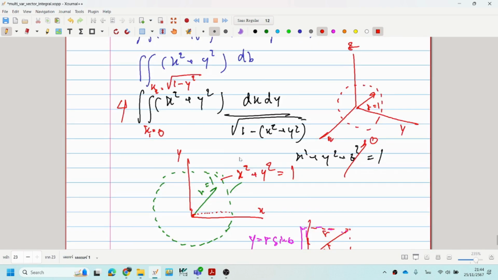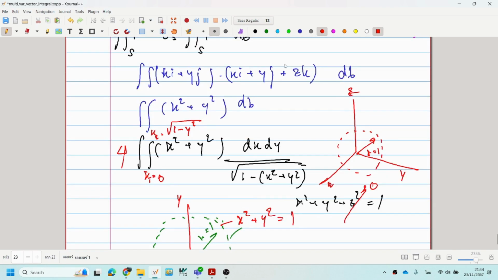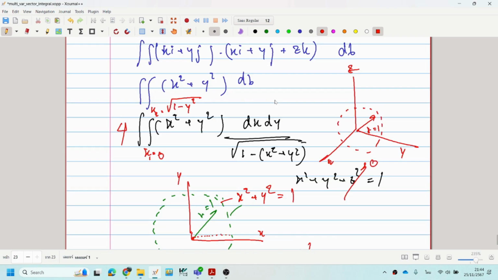I forgot something. In the double integral, you can interchange the order: dx outside, dy inside. You can swap dx and dy, whichever one is first, whichever is better and easier.